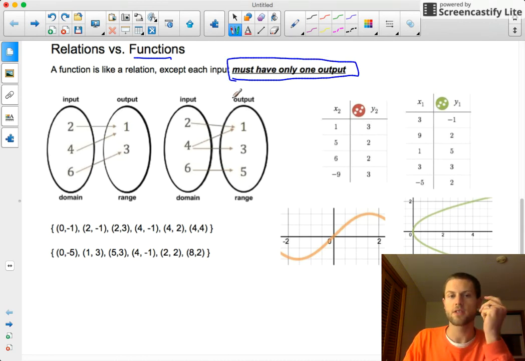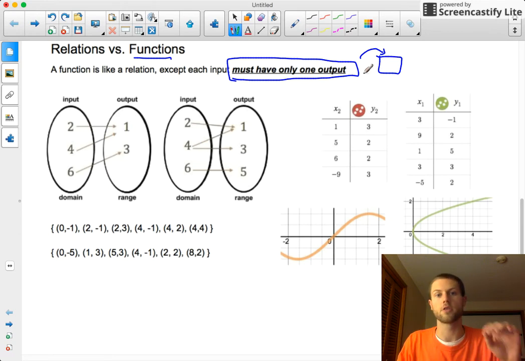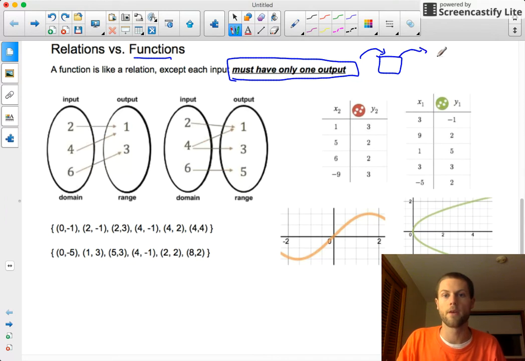And really, if this only one output thing is confusing, what you can think about is a function is kind of like a machine. You're going to put something into this machine, and if you have a machine that works correctly, that is consistent, that always does what it's supposed to do and never has any bugs or weird oddities, it's always going to produce something consistent, right?